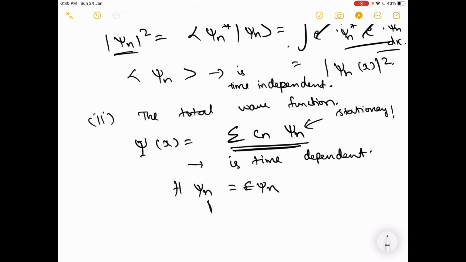So the psi n's are eigenfunctions of the Hamiltonian. These eigenfunctions are stationary, but the actual solutions, which are linear summations of such stationary eigenfunctions, need not be time independent. Okay, so let's go and look at some examples, and then we will understand these statements more clearly.